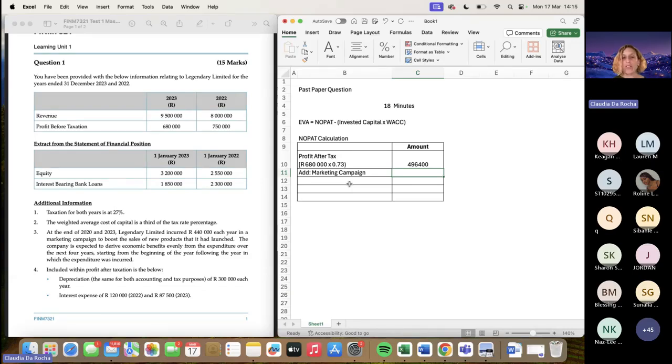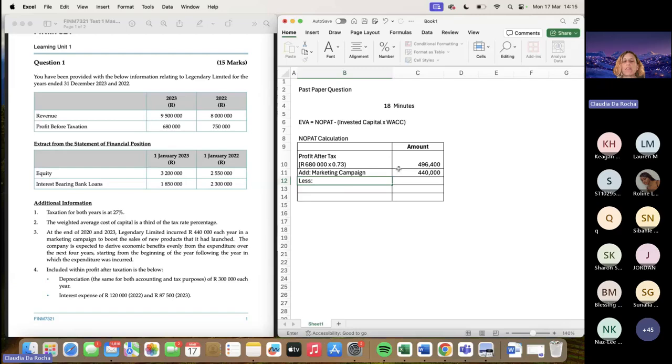So I'm adding that back. The next thing I'm going to do is deduct the amortization from the marketing campaign.